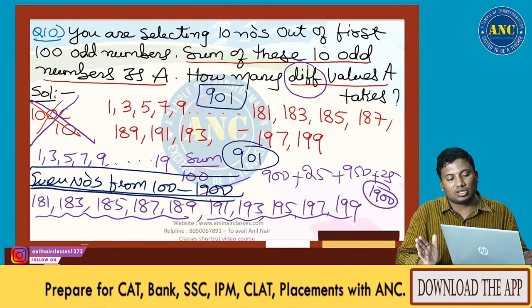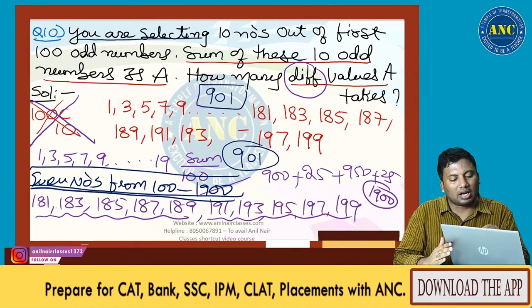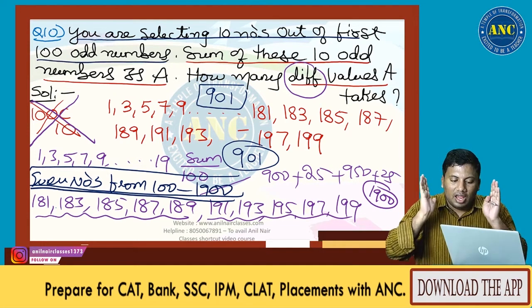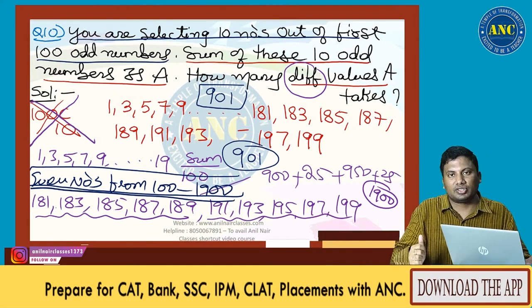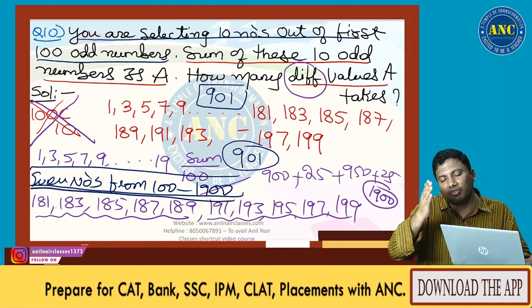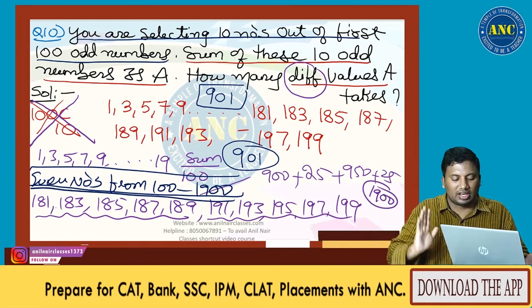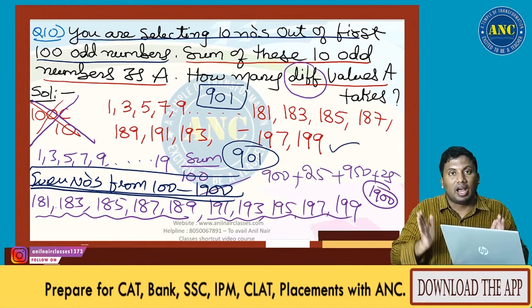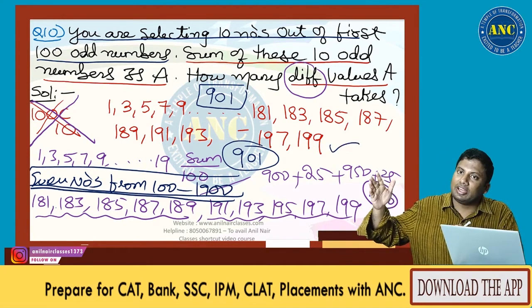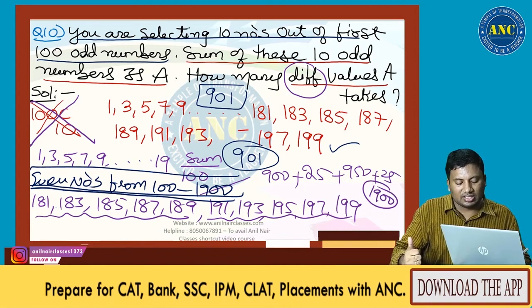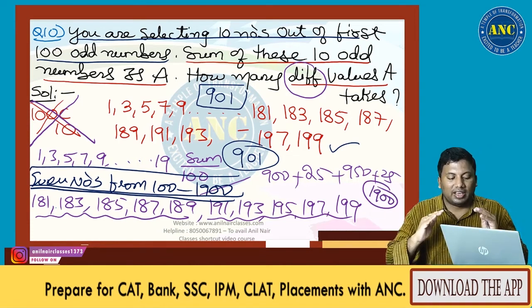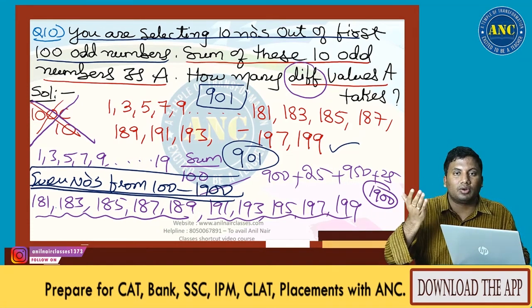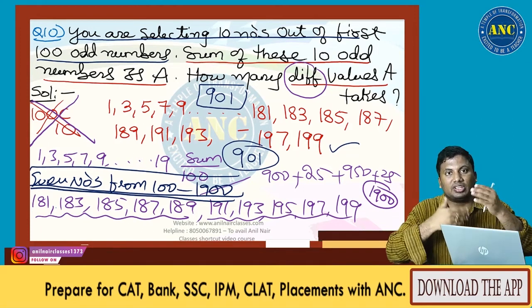Please understand this question. Do not tick mark 100 C10 just by reading the first question. There are 100 odd numbers. I wrote the odd numbers from 1, 3, 5, 7 to 199. I took the lowest 10 odd numbers, sum 100. I took the highest 10 odd numbers, which is 1900. If I change one odd number to another odd number, the shift is by 2 units.